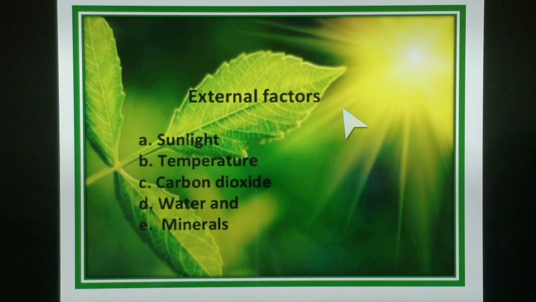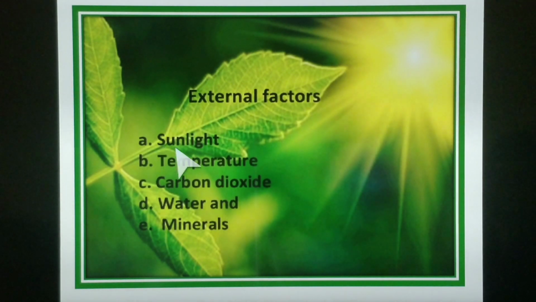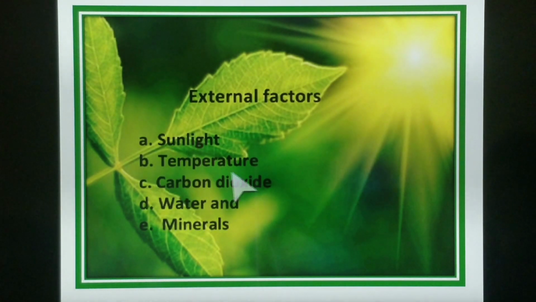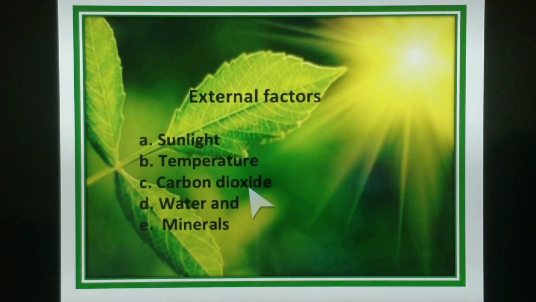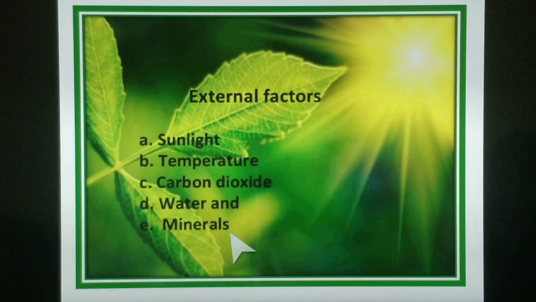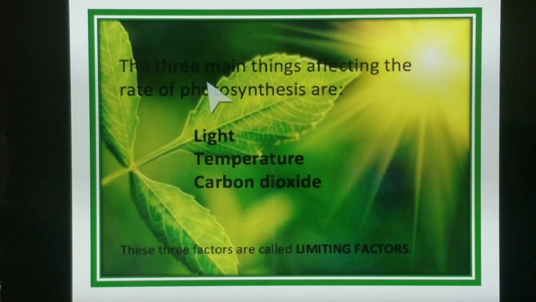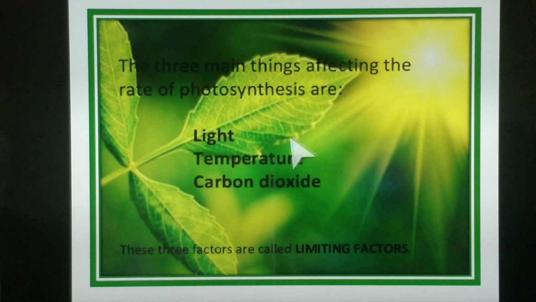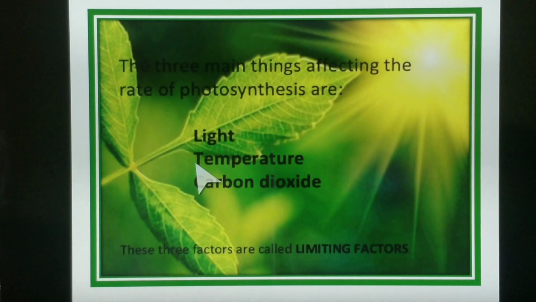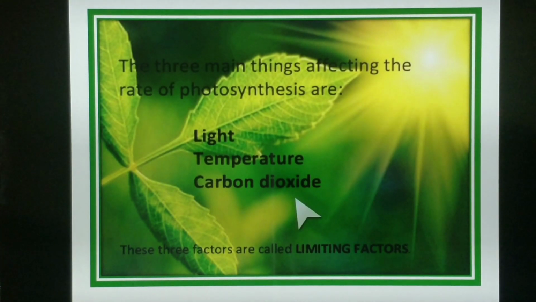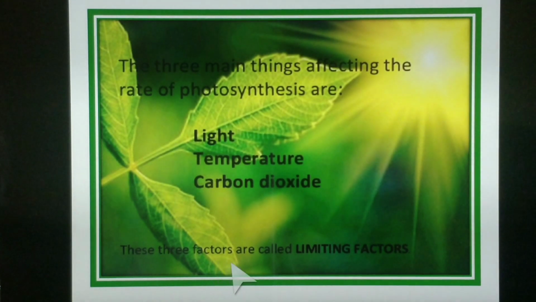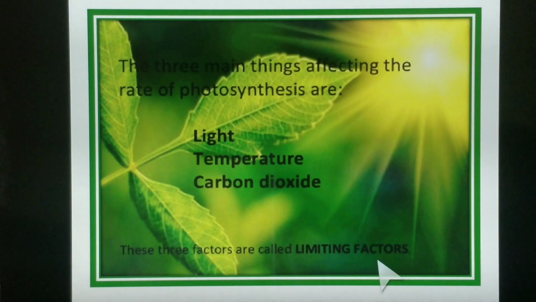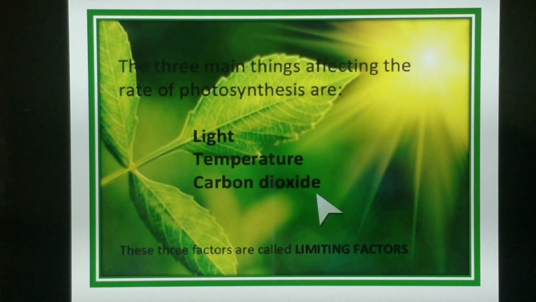External factors are sunlight, temperature, carbon dioxide, water and minerals. Three main things affecting the rate of photosynthesis are light, temperature, carbon dioxide. These three factors are called limiting factors.